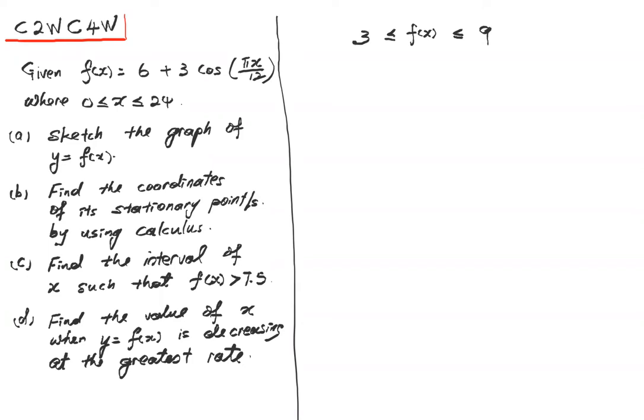Everyone know why? Do you need my explanation why the highest value of f(x) is 9 and the lowest value is 3? Yes or no? Yes.